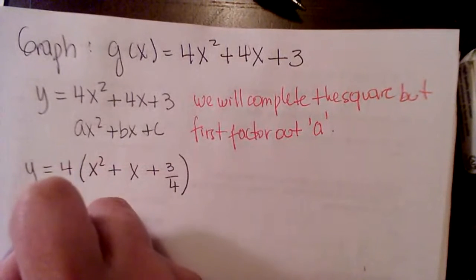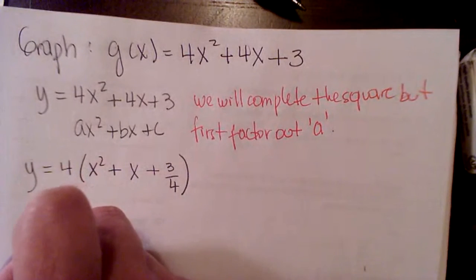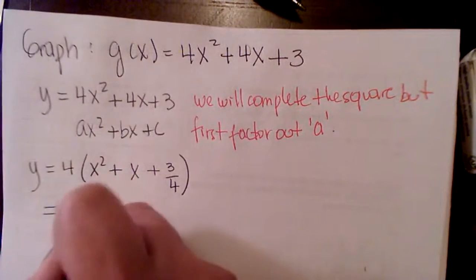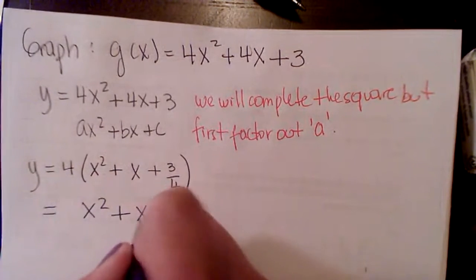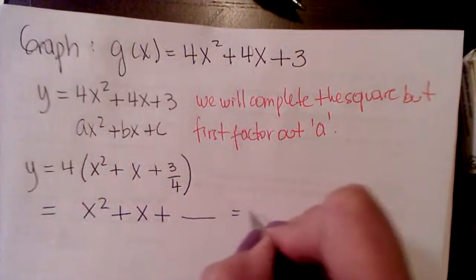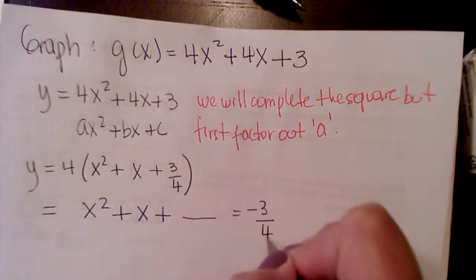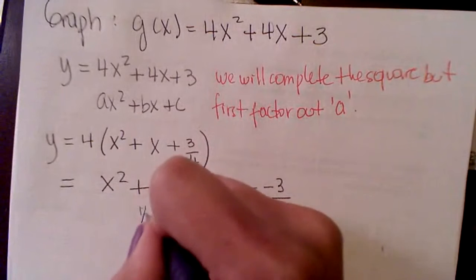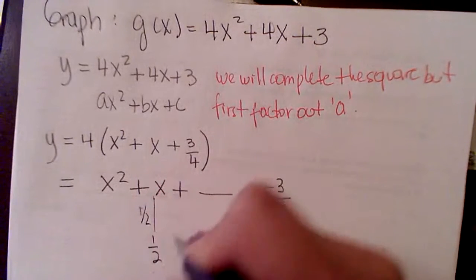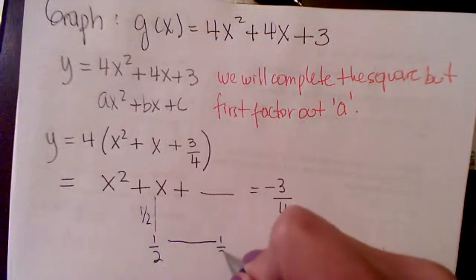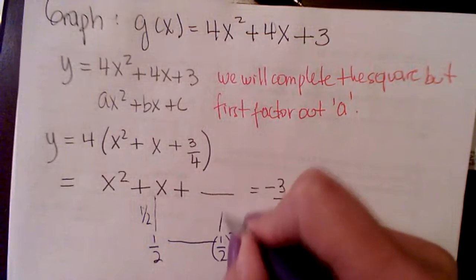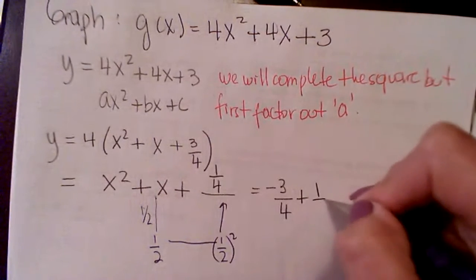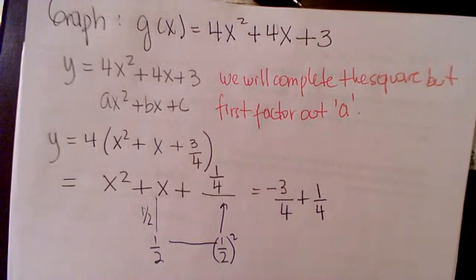Now, let's complete the square. So we have x squared plus x plus blank equals to negative 3 over 4. So what do we have? We have half of this is 1/2. This number squared is what? 1/4, plus 1/4.